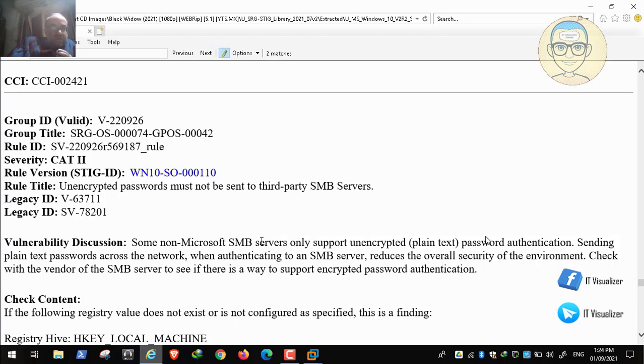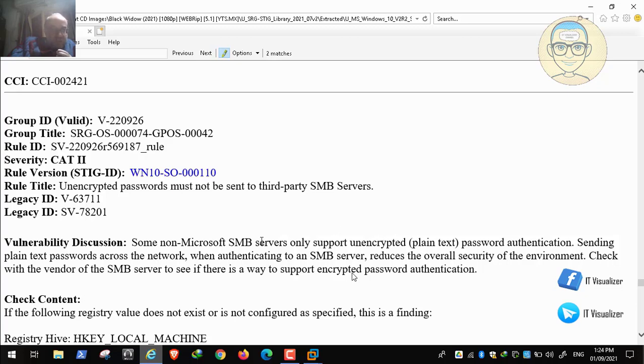So for an SMB client to connect to a non-Microsoft SMB server, it should authenticate the user first, or make sure that this user has the right to access the SMB server. So this authentication happens by the user sending his username and password to the SMB server to verify he has access to the server, and this password should be sent encrypted.